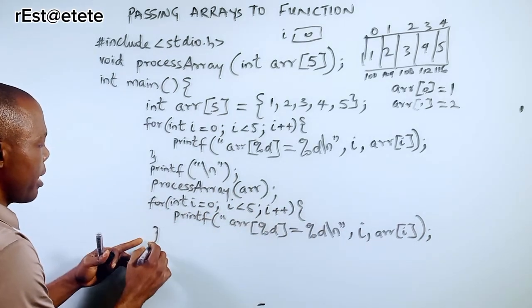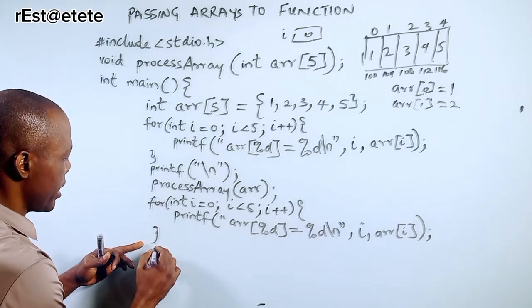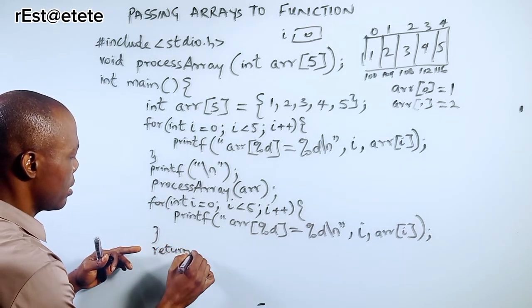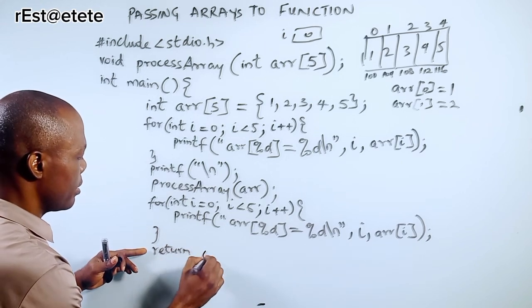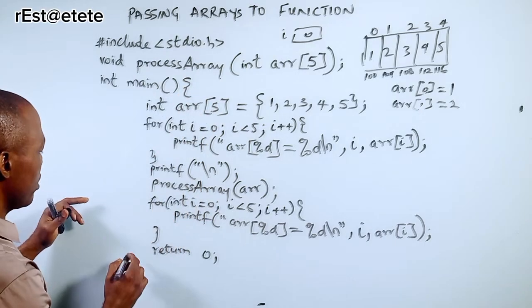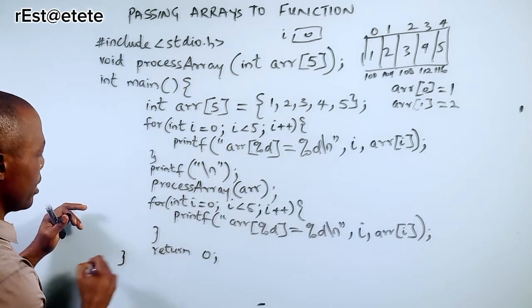So this is my function. Then here I will say return zero. Then I will close this one. I will close it here.